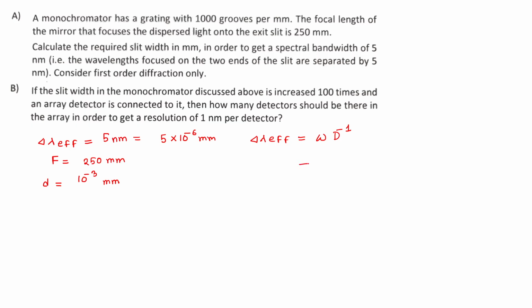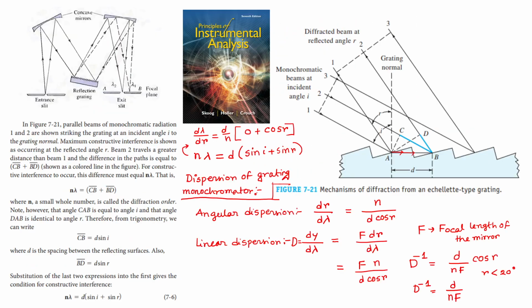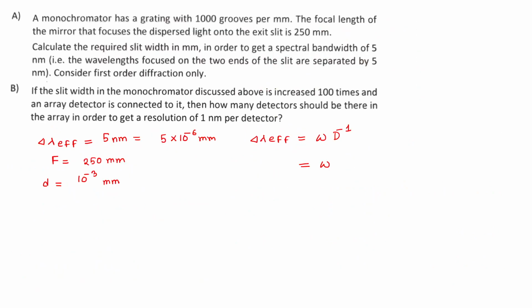The inverse of the linear dispersion is D by nF. So we'll write that: W into D by nF. And given that n is 1, consider the first order diffraction only.